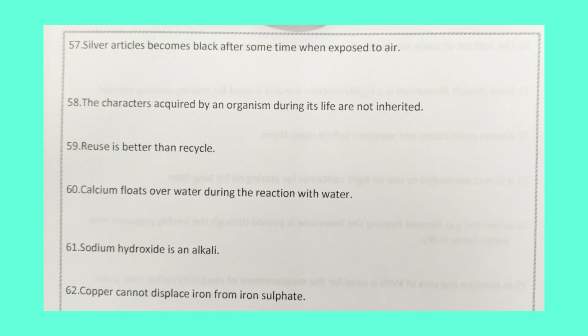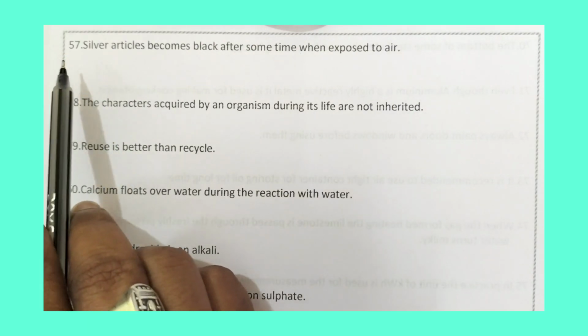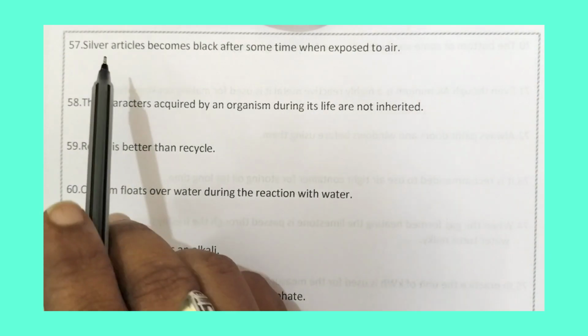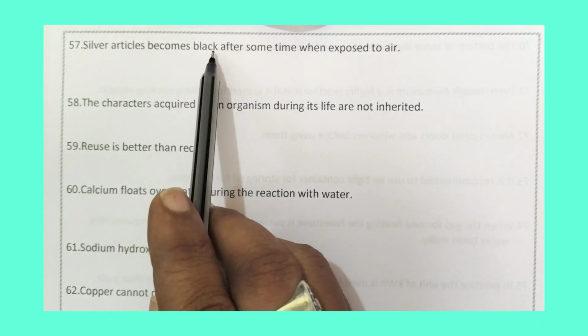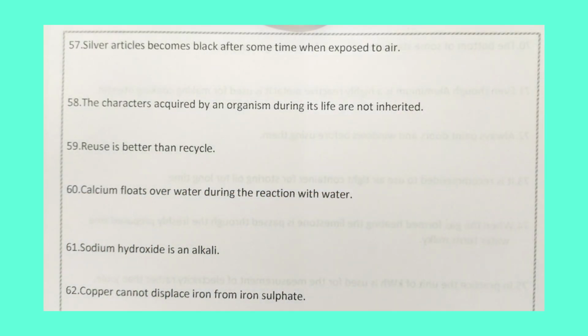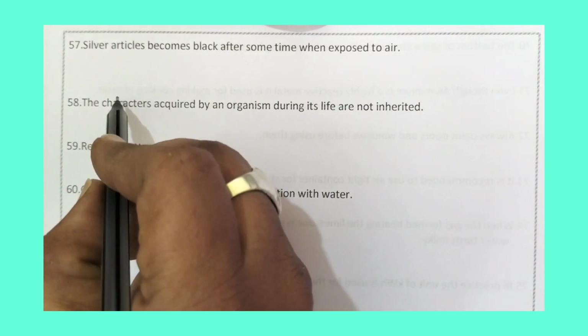So let us see the first question of this video, that is question number 57. The 57th question is: silver particles become black after some time when exposed to air. So let us write the reason for this one.